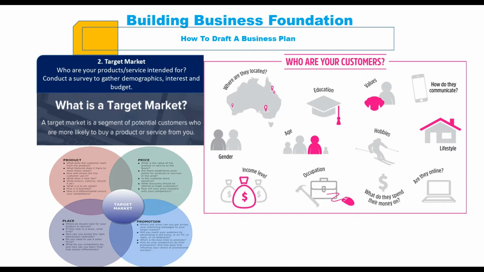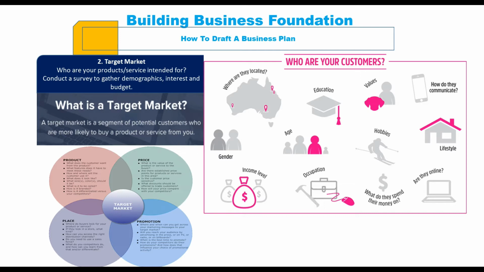Is it for pets, or for charities, or for kids, or related to gender, age, hobbies, lifestyle? So you have an idea about who you can target your market.